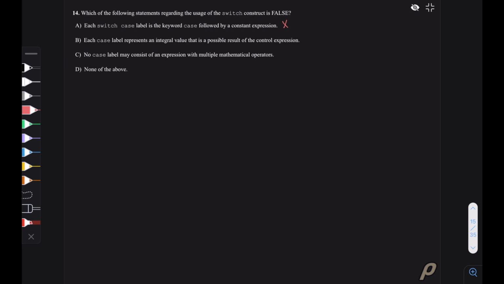And the keyword here is constant expression. So we talked about this in the course, but when we have a case here, it has to be a constant expression. It can't be some variable or something that might change on every iteration. It has to be something that evaluates to a set value every single time. So that does make this true, so that means that A is not the correct answer.